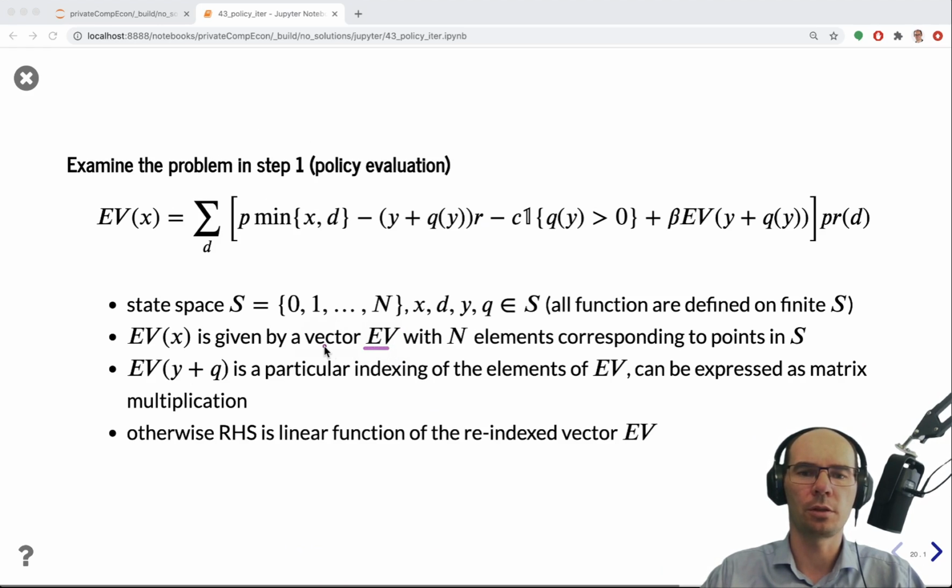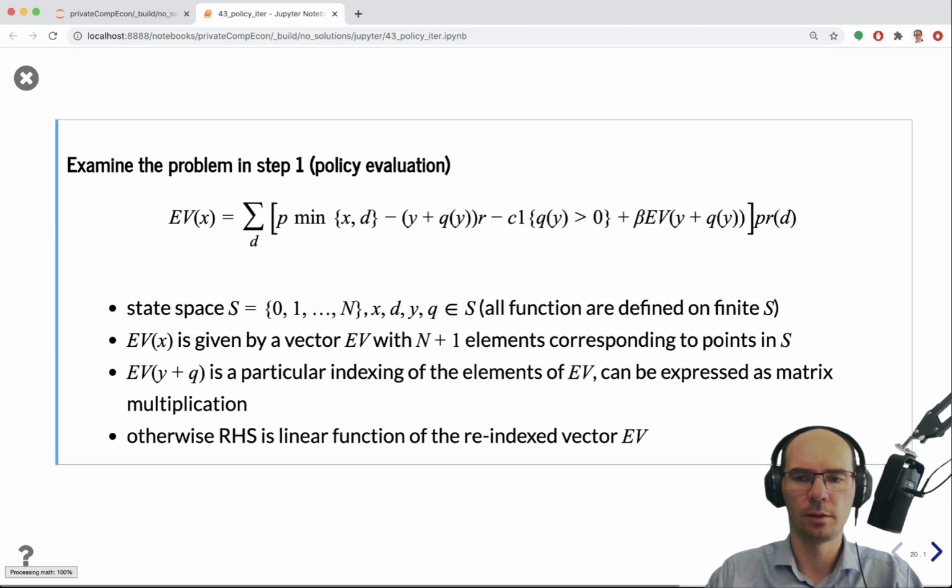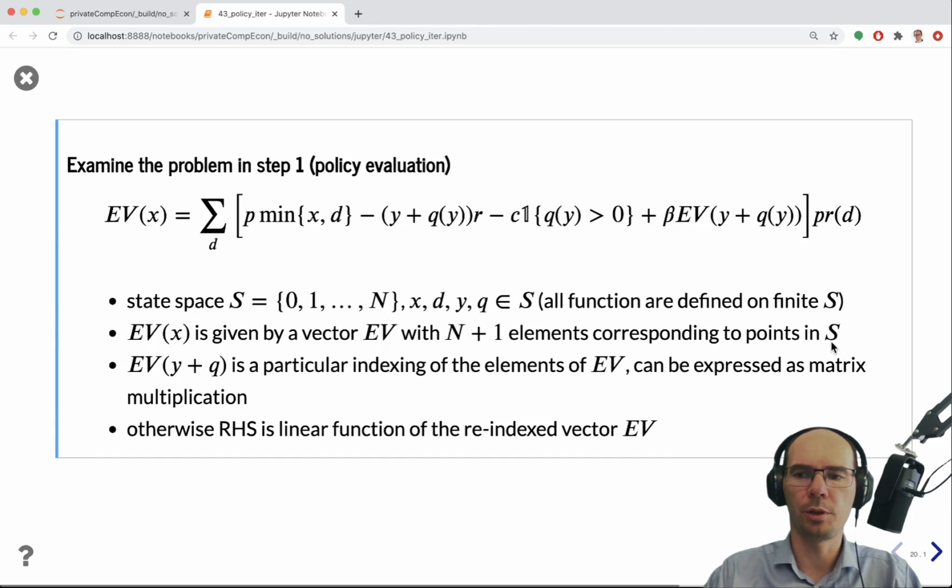This is going to be a vector with n plus 1 elements corresponding to the points in S. Now what is this EV of y plus q? We need to calculate this EV.